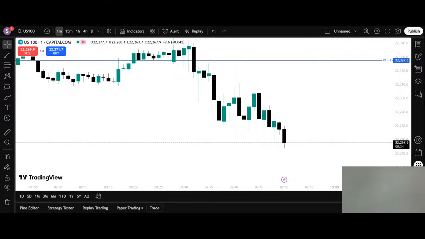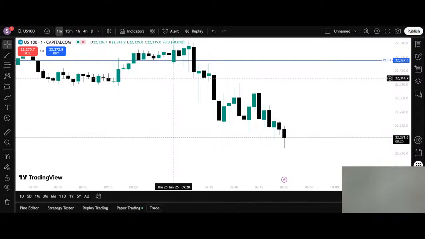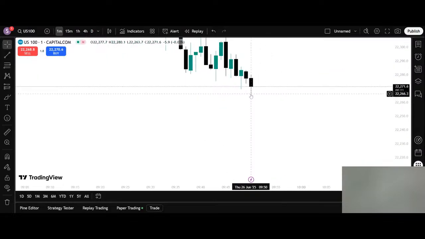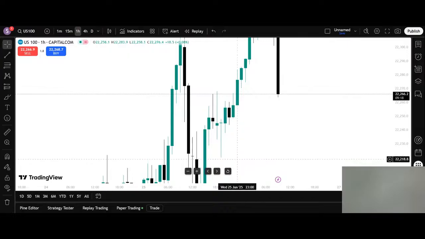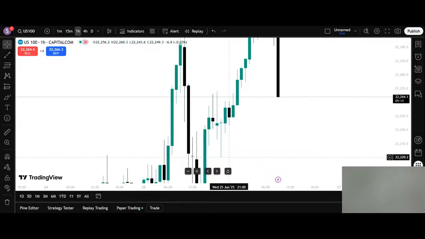Let's see now. Price seems to be dipping below a little. The 1 hour target is over here at 22,220.